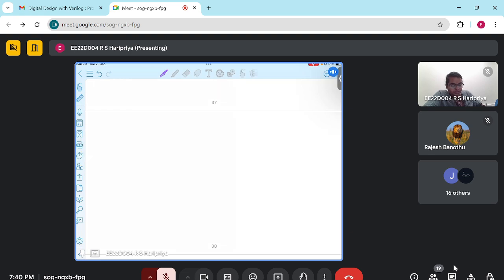Okay. So the next question. Consider the equation 43 with base x equals y3 with base 8. So the number of possible solutions is.